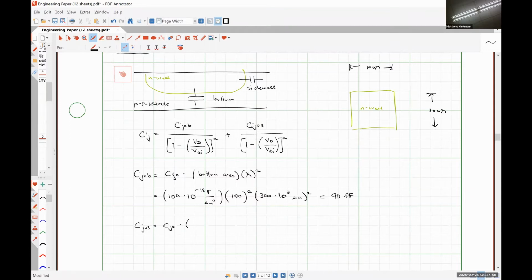So our area is going to be the perimeter of our N well multiplied by the depth of our N well. Does that make sense? We're following the perimeter all the way around, and then we're also including the depth because that gives us area. So that's the total surface area of the N well, minus the bottom.